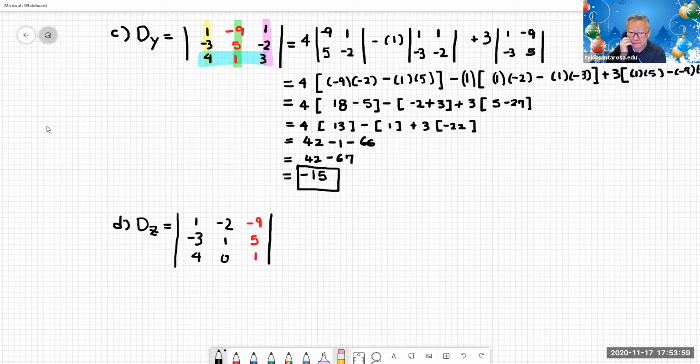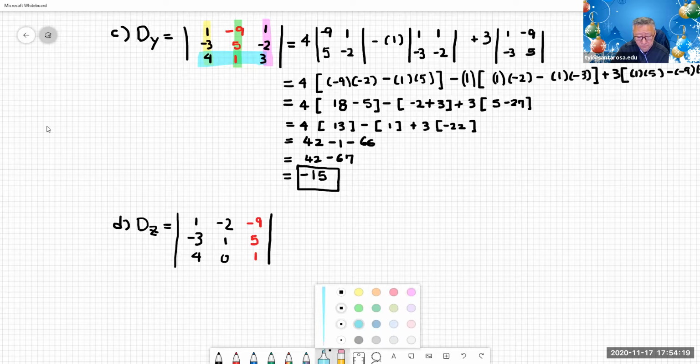So just like when we found the determinant for the system and x, we obviously have zeros in the second column. So I'm just going to be consistent and use the third row again. Okay, so this row here.